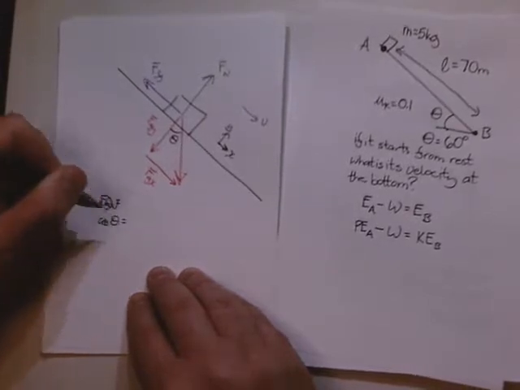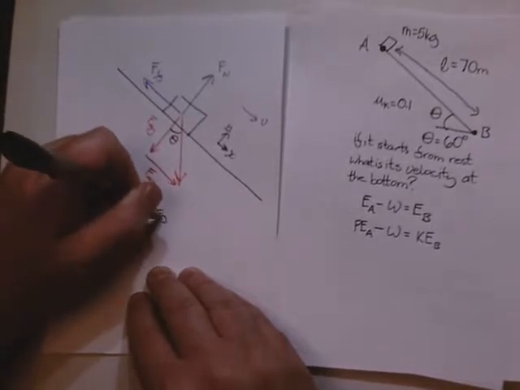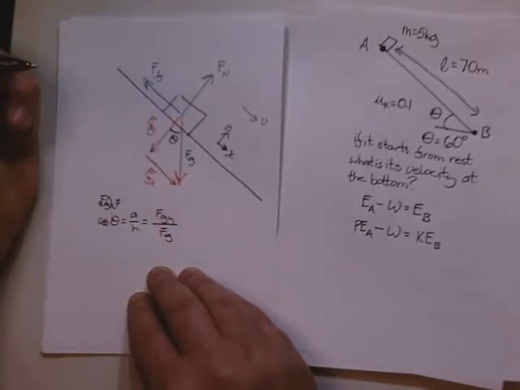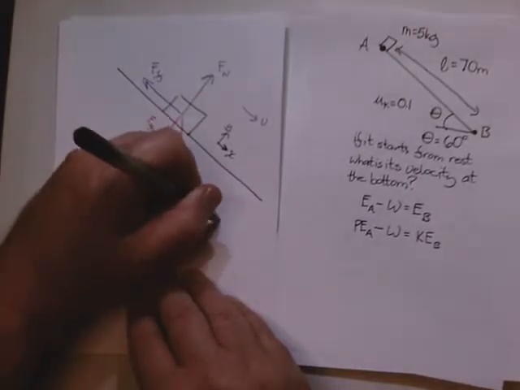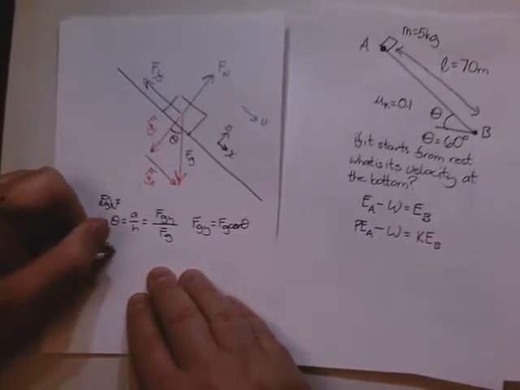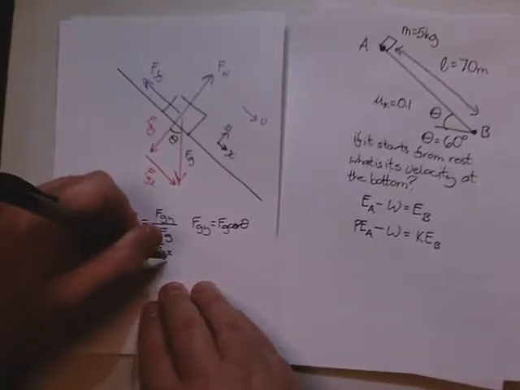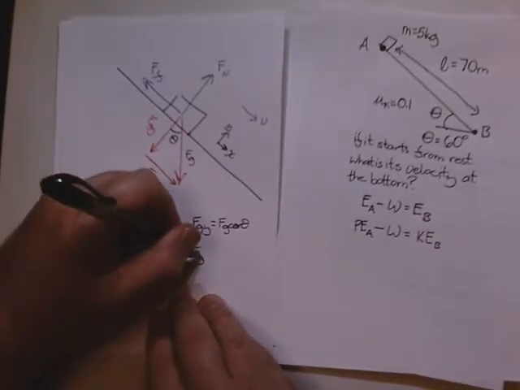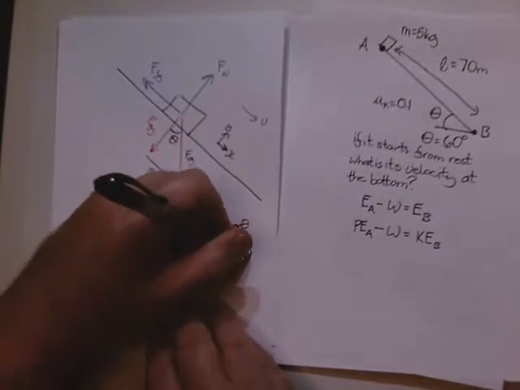Cosine of theta is adjacent over hypotenuse. So this is FGY over FG. So FGY is equal to FG cosine theta. Sine theta, which is opposite over hypotenuse, is FGX over FG. So FGX is FG sine theta.